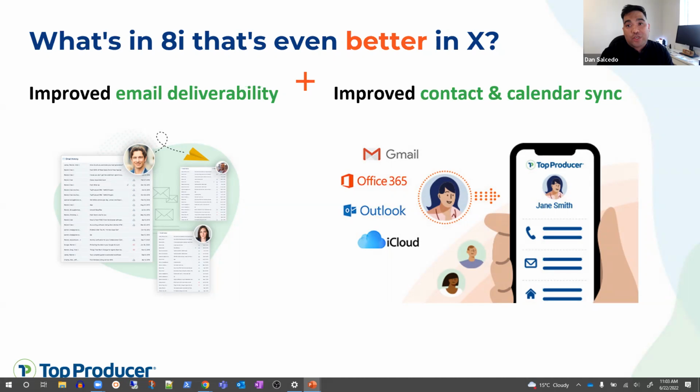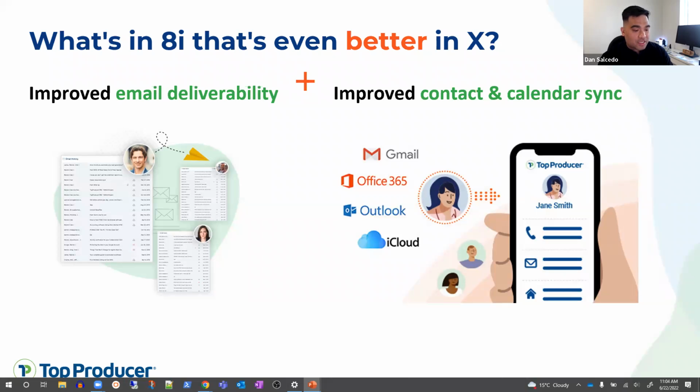It's going to put it into a queue where all our customers are placed into a centralized Top Producer mail server queue, and that gets sent out over the next 24, 48 hours, right? Usually it's the same day, but because you're in a queue, there is potential for you to be waiting until that mass email is sent from 8i.